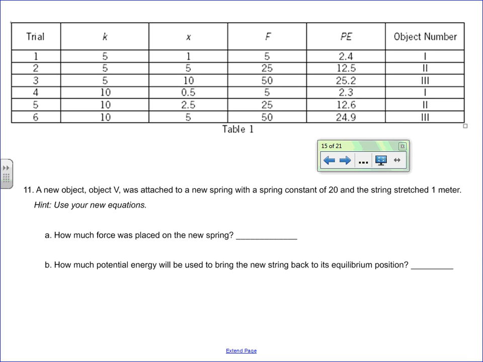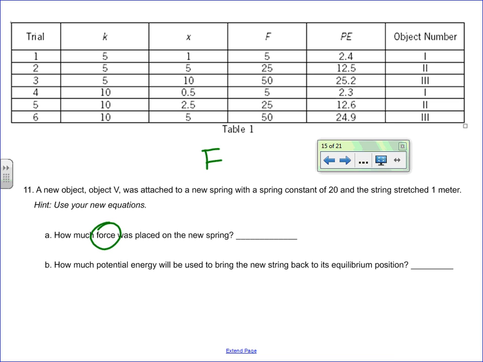Our answer should be a what? What are we looking for? A force. All right, how much force? Force is what letter? F. Now, using our equation, what do we know that F is equal to?